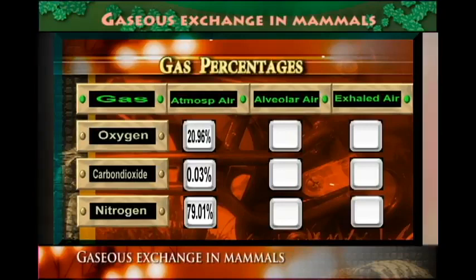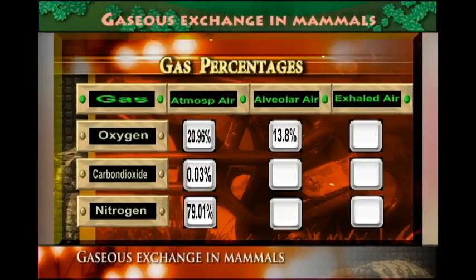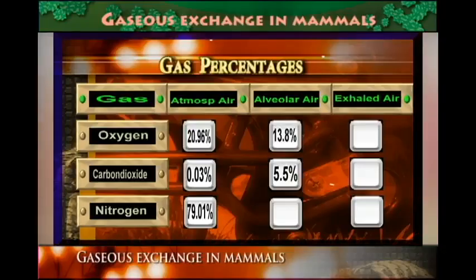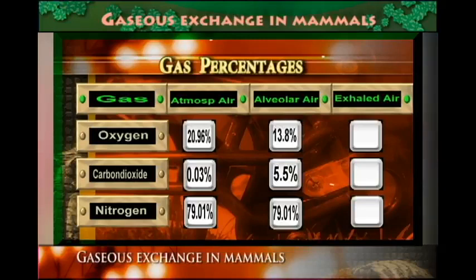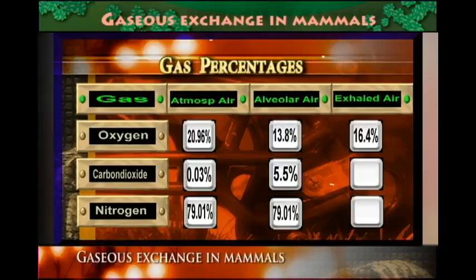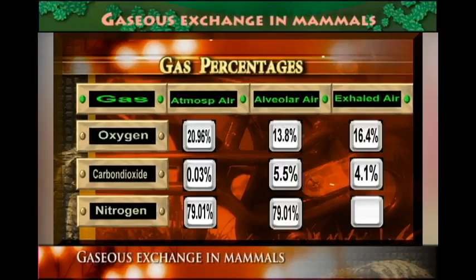The alveolar air found in the alveoli contains 13.8% of oxygen, 5.5% of carbon dioxide, and 79.01% of nitrogen. Then the exhaled air contains 16.4% oxygen and 4.1% carbon dioxide.